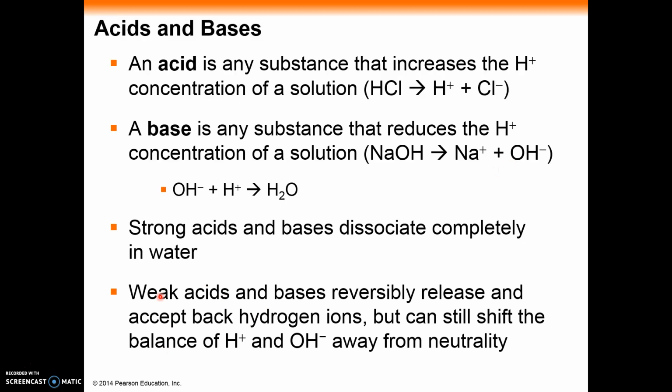There are things called weak acids and weak bases that reversibly release and accept back the hydrogen ions. So in this case, you might have, let's say, 10 molecules of this weak acid, and maybe 5 out of the 10 have released their hydrogen ion, and the other 5 kept their hydrogen ion. Okay?